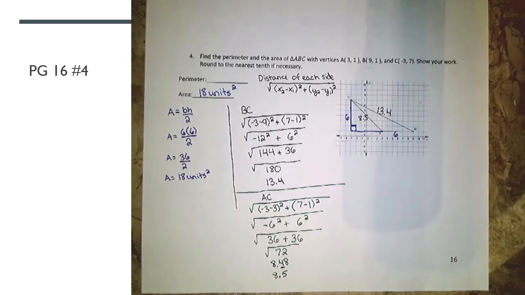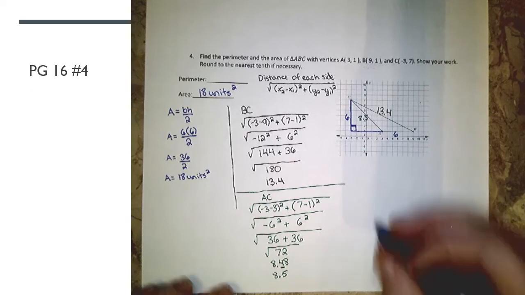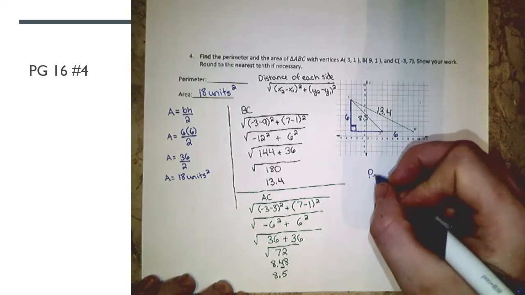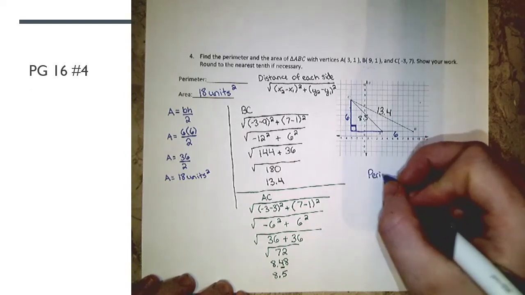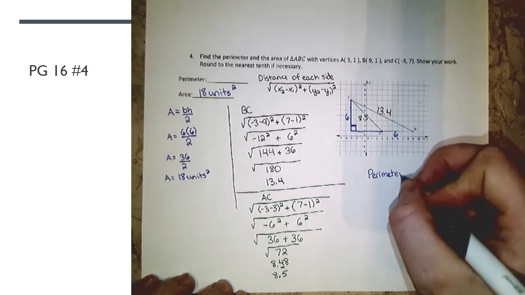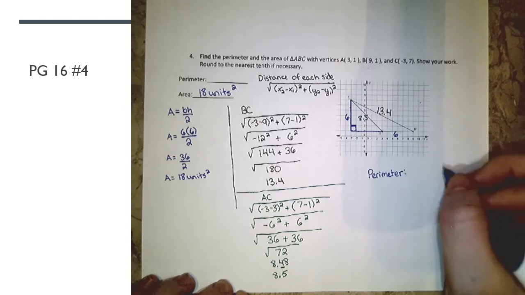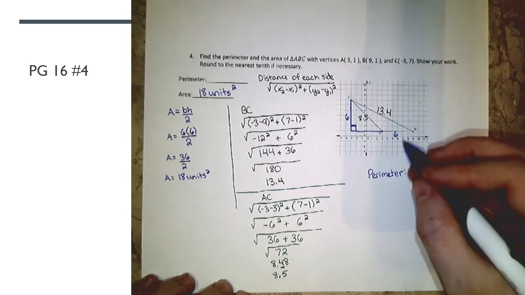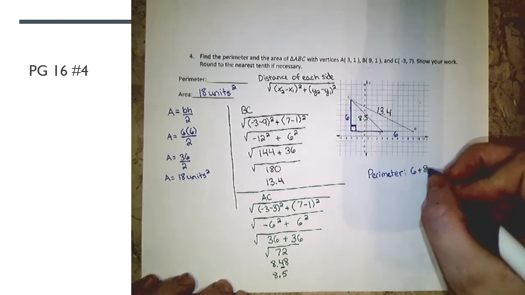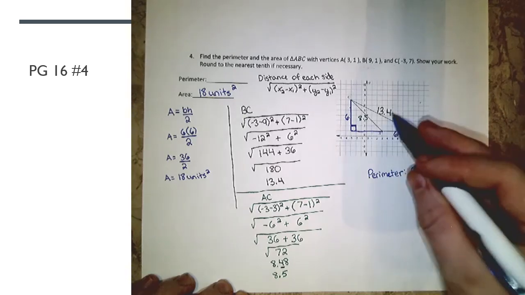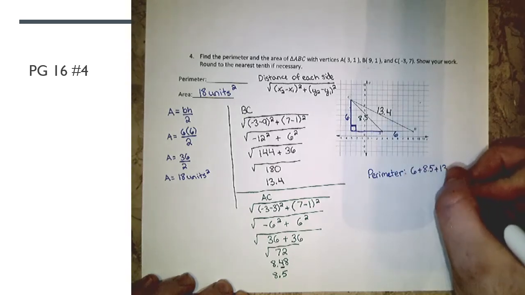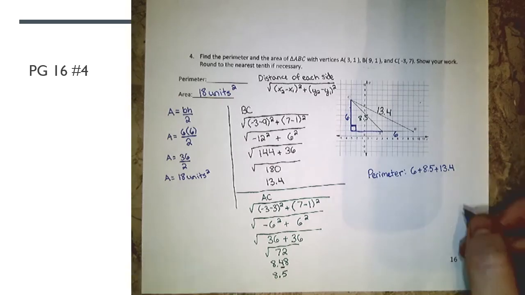So now, since I want to find the perimeter, a perimeter is when you add up all the sides. So I want to do 6 plus 8.5 plus 13.4.